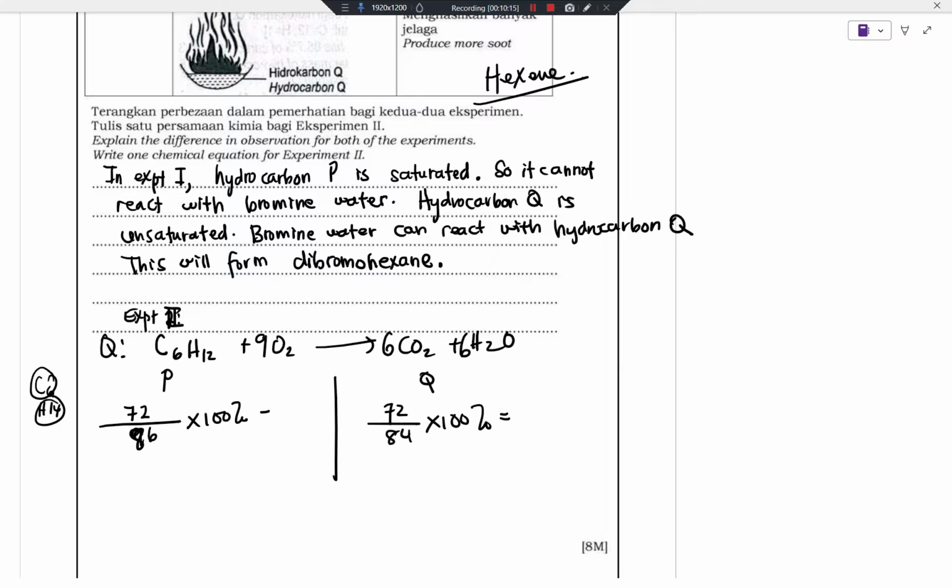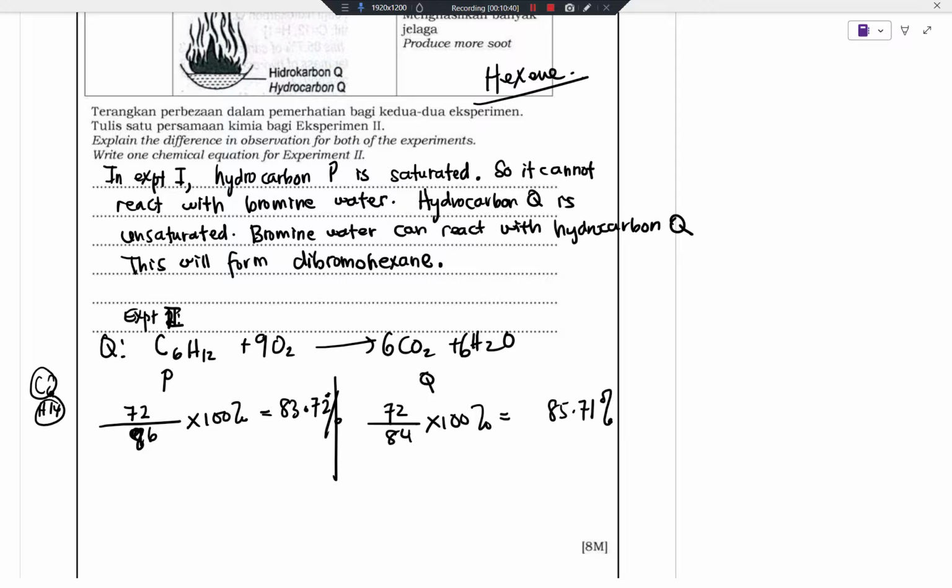Okay, let's calculate the percentage of carbon by mass. This is 83.72. This is 85.71.